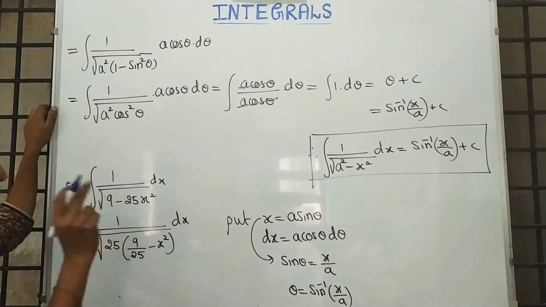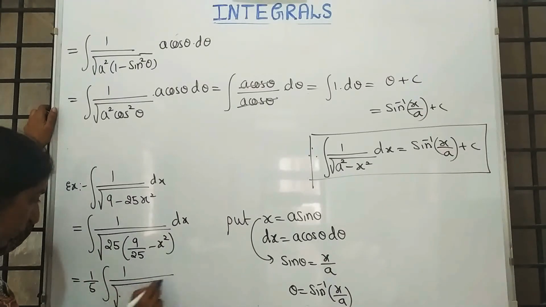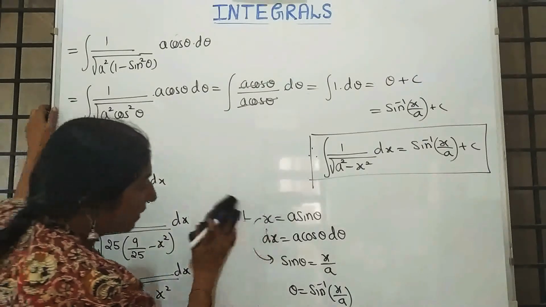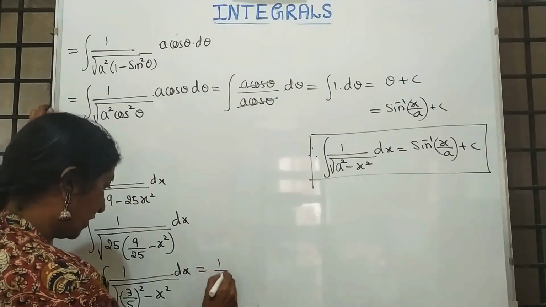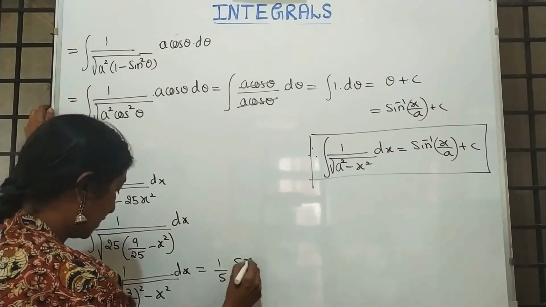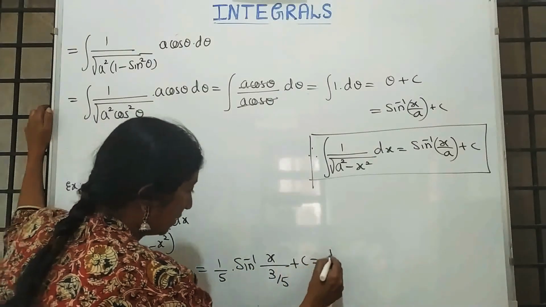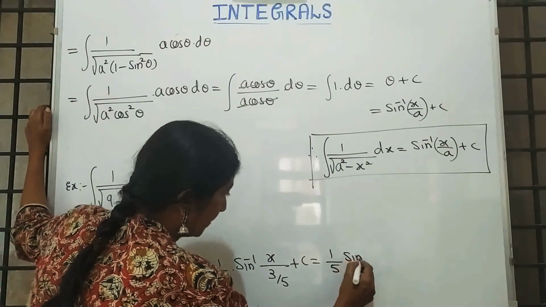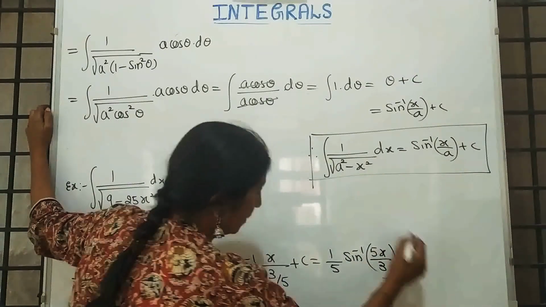Square root of 25 is 5. 1 upon root of, in place of a we have 3 by 5 whole square minus x square dx. Compare this with the answer, that is 1 by 5 sin inverse of x upon 3 by 5 plus c. So it is 1 by 5 sin inverse of 5x upon 3 plus c.